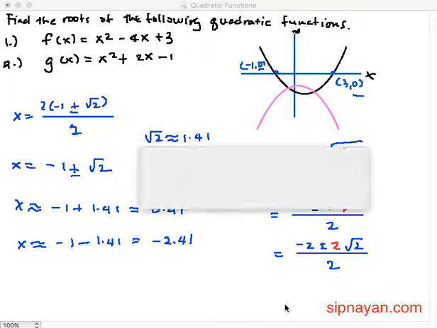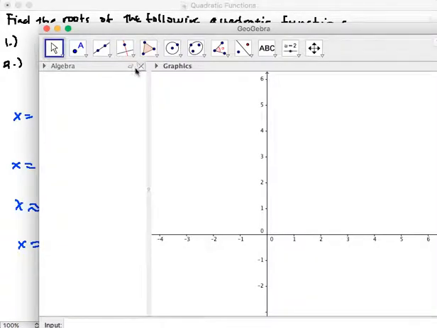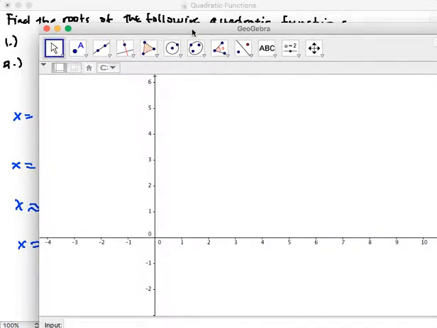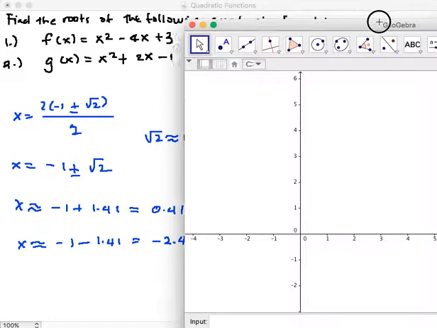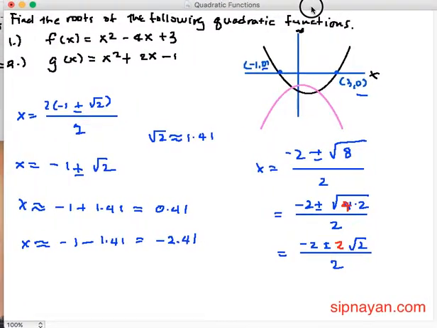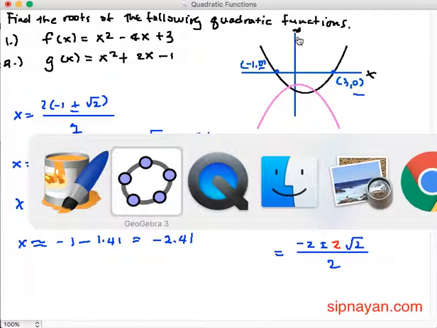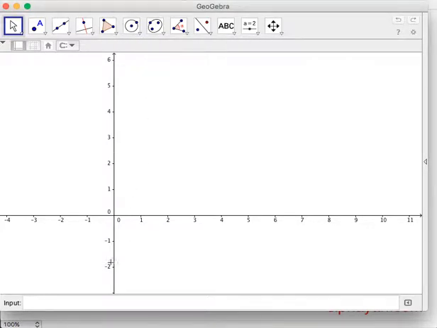ibig sabihin, hindi pa natin na-open, nakalimutan ko yung open. Ibig sabihin, ano nangyayari doon? Papasok siya doon sa 0.410. Okay? Papasok siya, magpapasok siya sa 0.410.